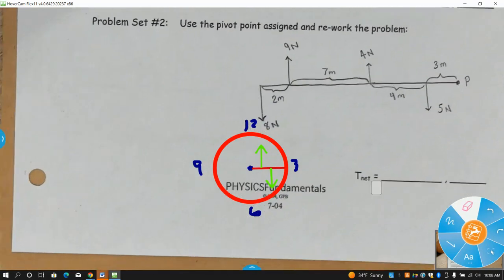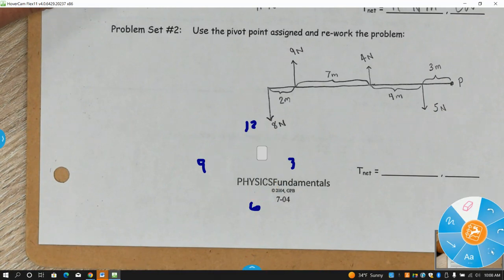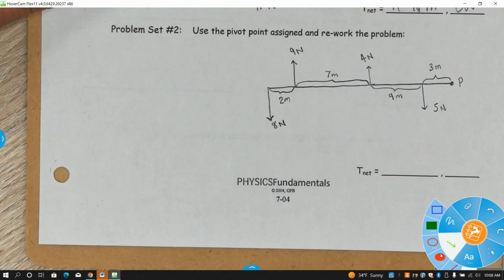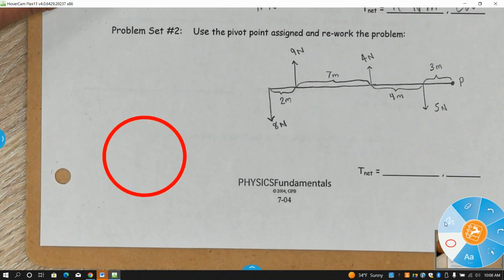If we had our clock, what hand on a clock is this? If it's going down in the opposite direction, it's counterclockwise, right? Hold on, let me redo that. Let's get our new clock.